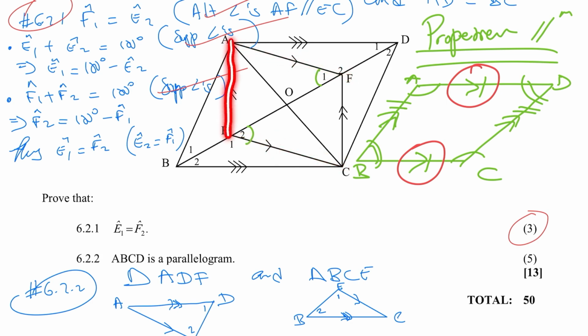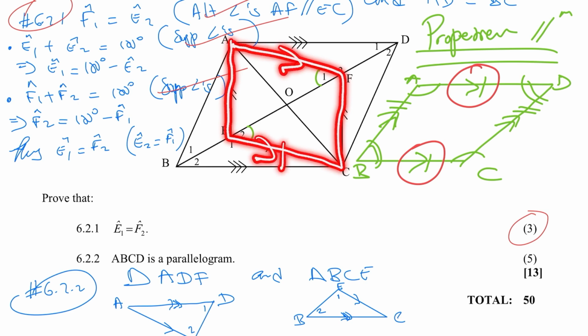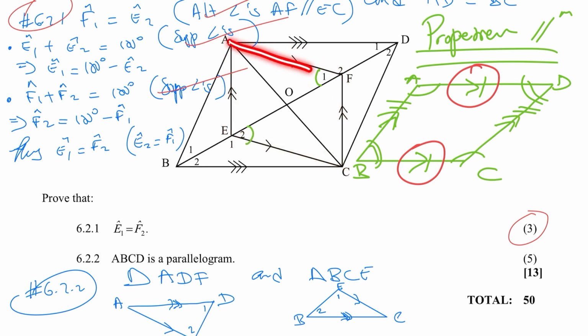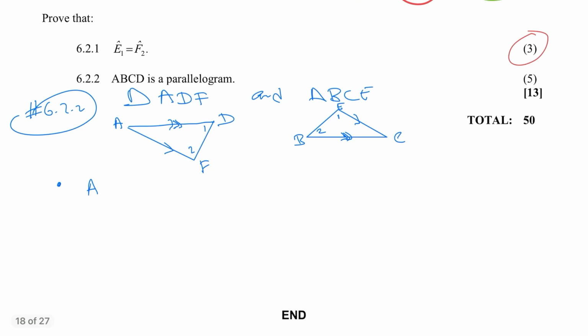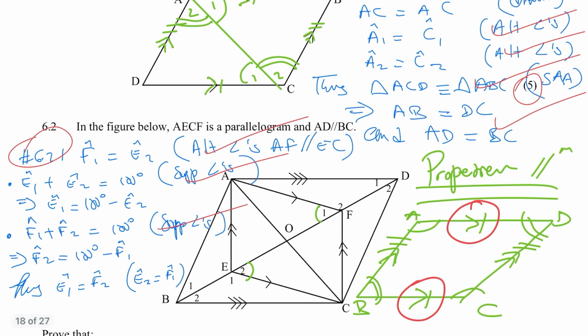Because we already know this is a parallelogram. So if it's a parallelogram, this side and this side are parallel and equal. By that definition, AF and EC are equal. Why? It's given.